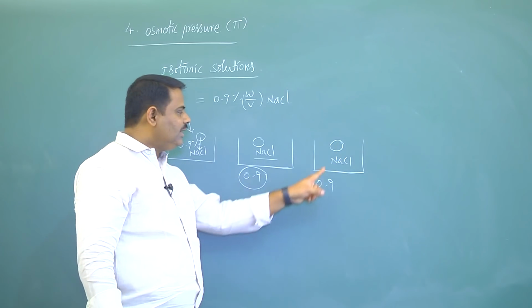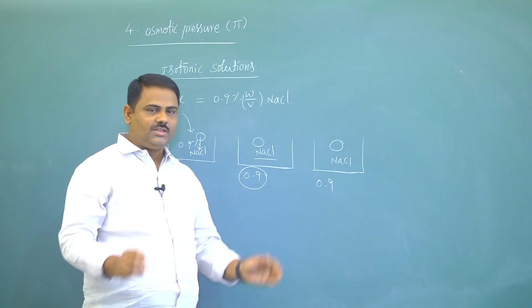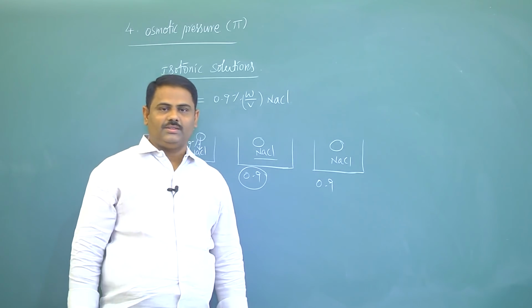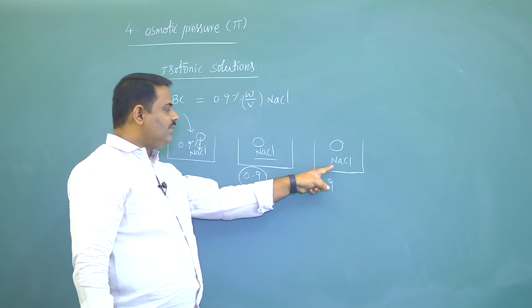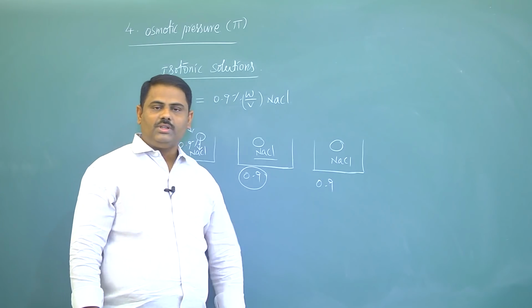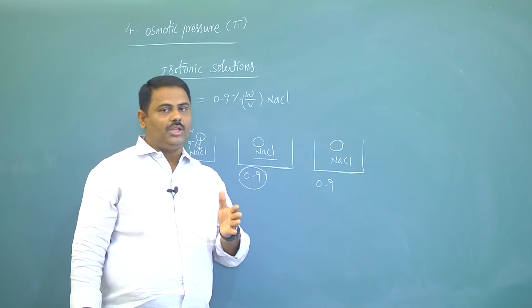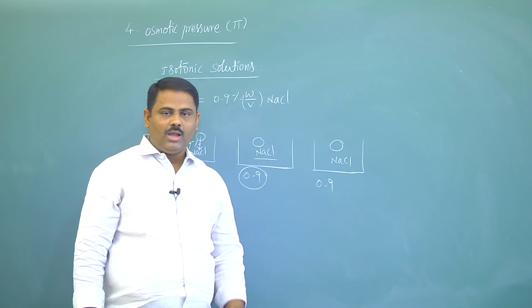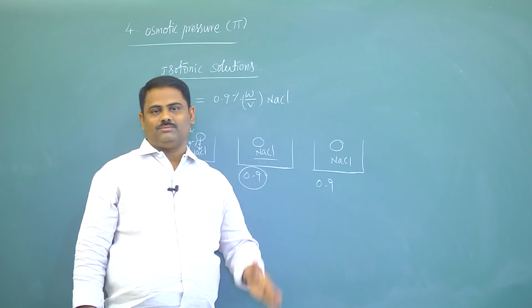Because of this, it shrinks. The size of RBC decreases. Here the concentration of NaCl is more, that's why this is called a hypertonic solution. I will repeat, hypertonic solution.